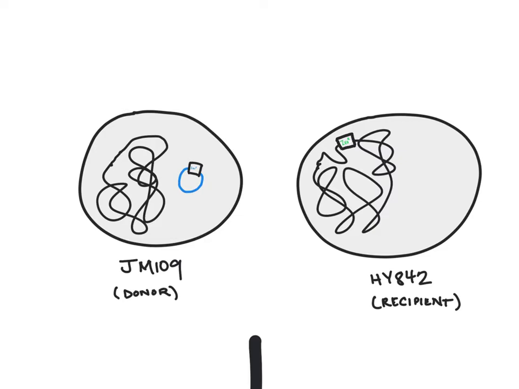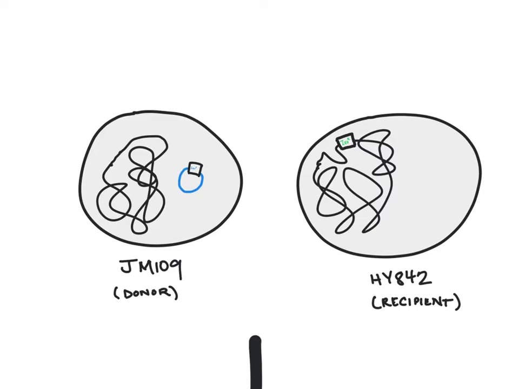So just to remind you, we are basically taking two bacteria, either JM109, which is one strain of E. coli, or E. coli HY842, and we are mixing these two bacteria and allowing conjugation to potentially take place.